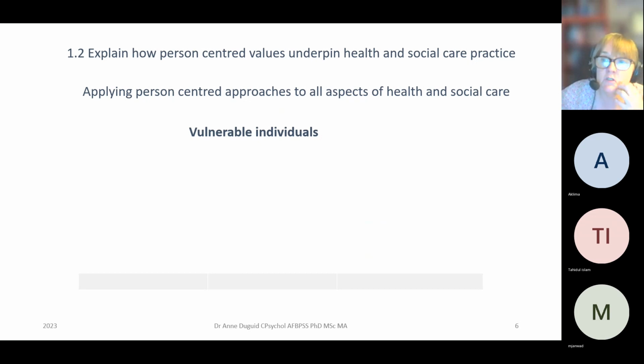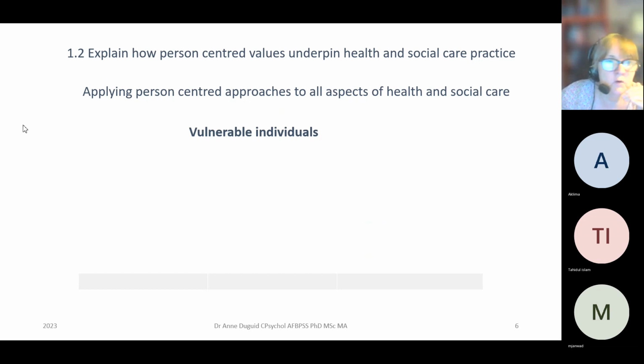So we need to make sure that when we're dealing with somebody who maybe has some sort of cognitive incapacity, that doesn't mean that their rights or the values that we hold disappear. It actually means we have to put more effort in. We have to make even more effort to communicate to them, to ensure that they have choice, and to give them the best opportunity they can have to participate.